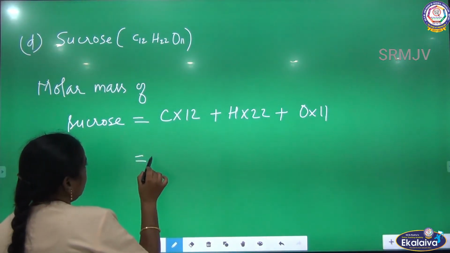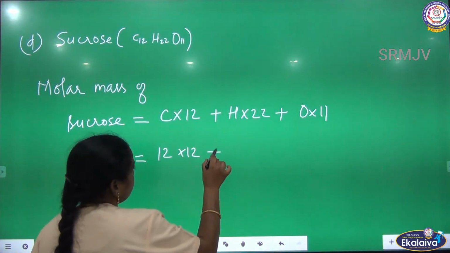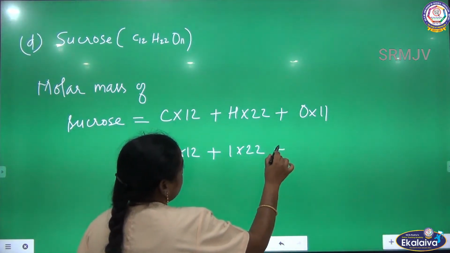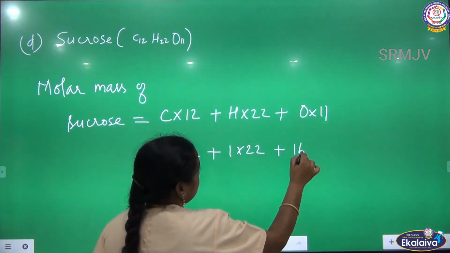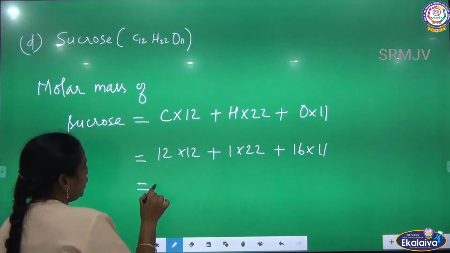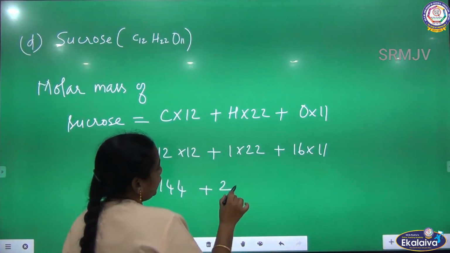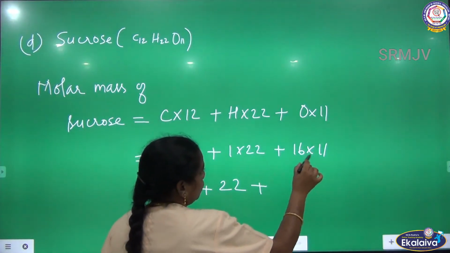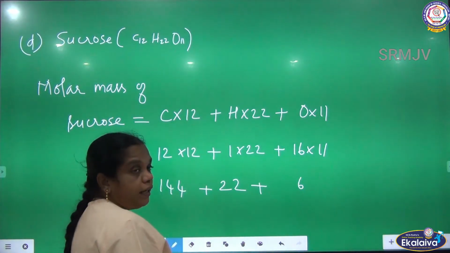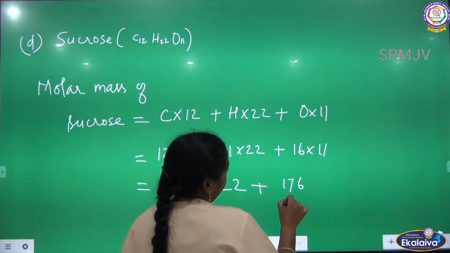Atomic mass of carbon is 12 into 12, hydrogen 1 into 22, oxygen 16 into 11. Now 12 12s are 144, plus 22, plus 11 16s are 66, remainder 6, 11 1 is 11 plus 6, 17.